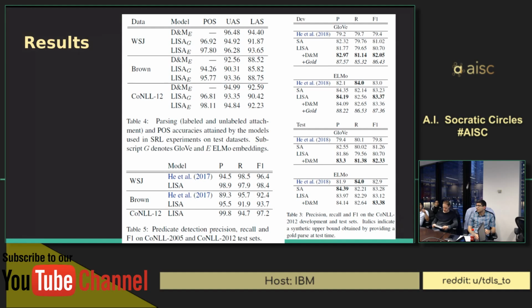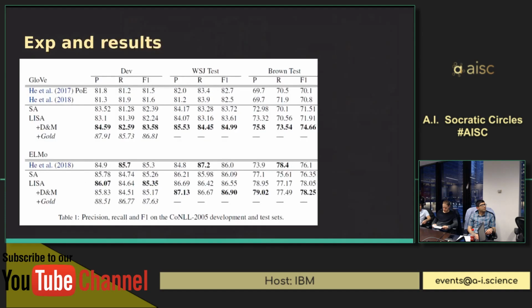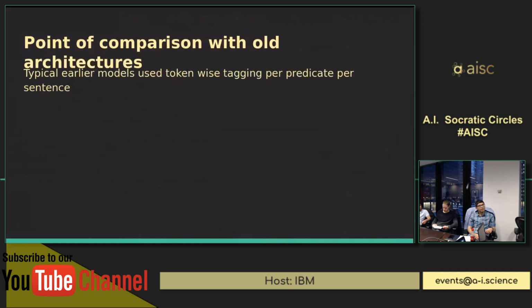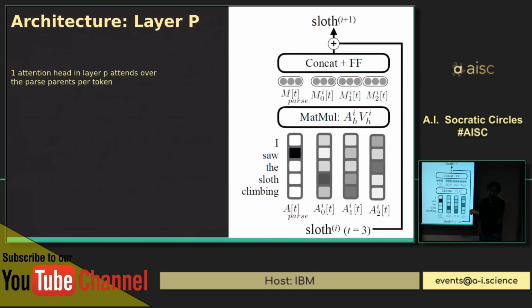But this DNM is the parser, right? It's not the syntactic attention head that you mentioned previously. Correct, the parser. But if I'm not mistaken, it actually uses a similar syntactic attention to achieve parsing.